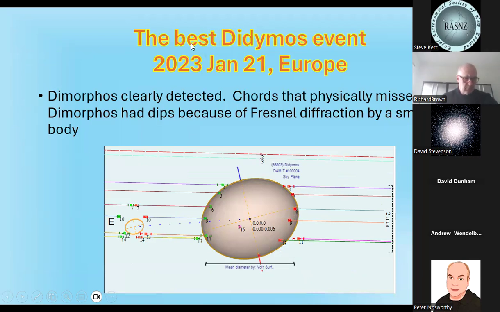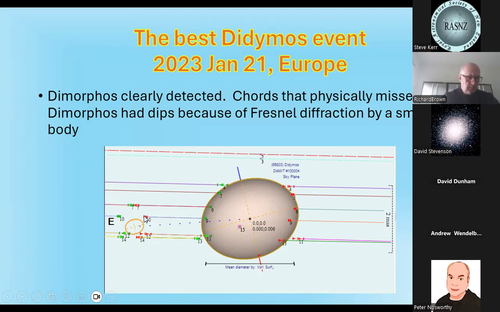Now here's the best Didymus event, series of occultations around there. Here's Dimorphos, plotted in its physical location, and these are reported coordinate times.